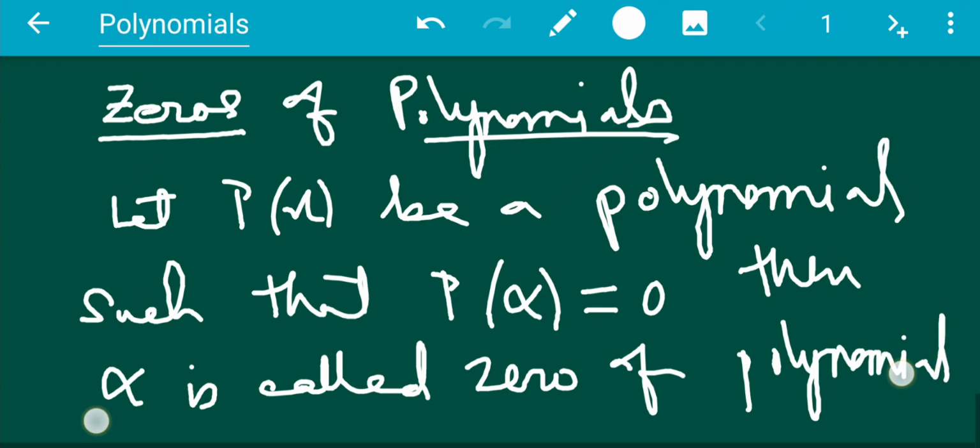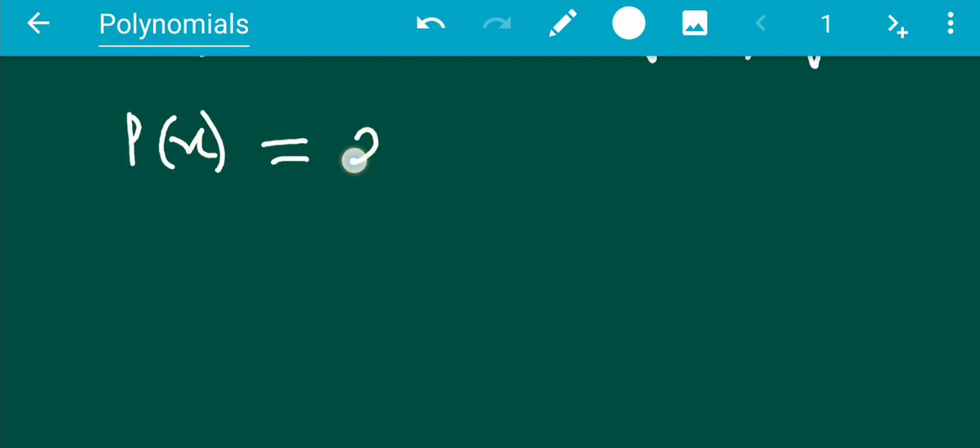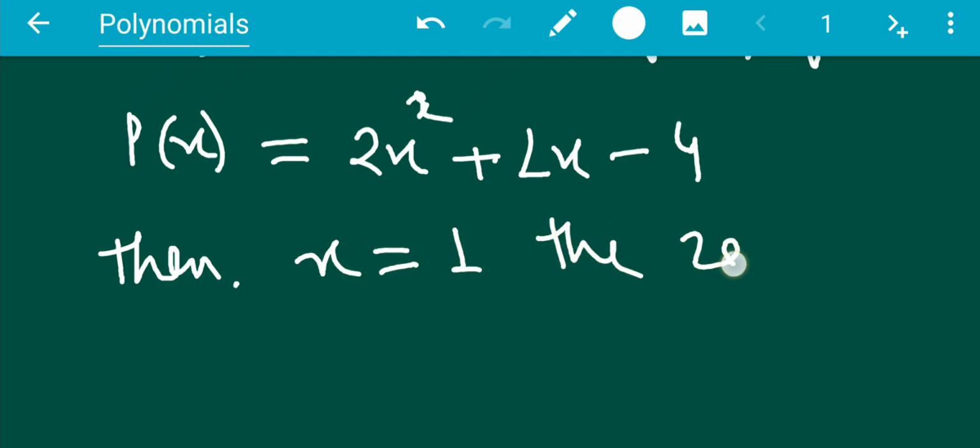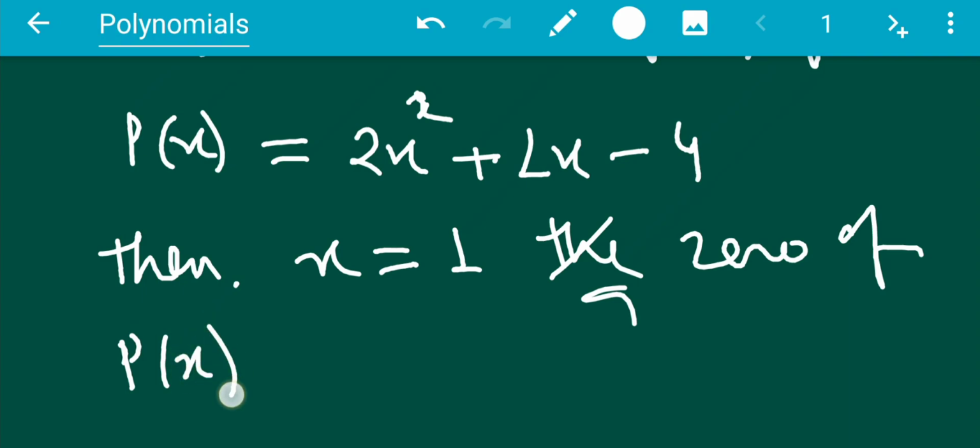So if you have a polynomial, suppose p(x) equal to 2x square plus 2x minus 4, then x equal to 1 is a zero of p(x).